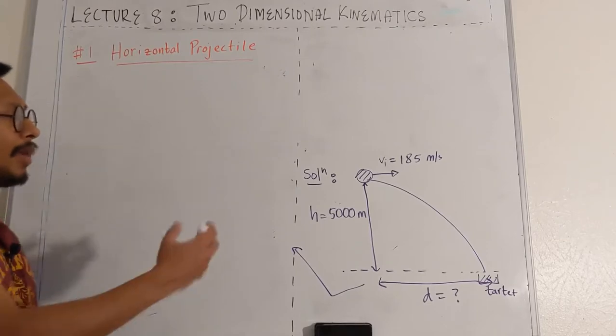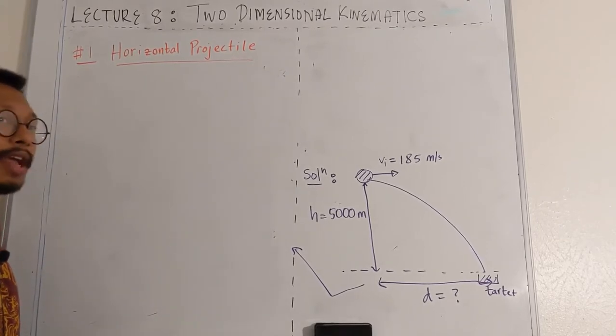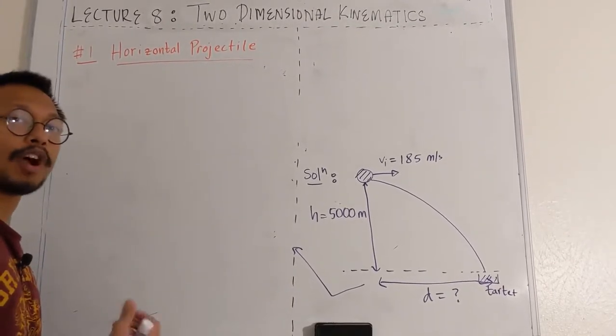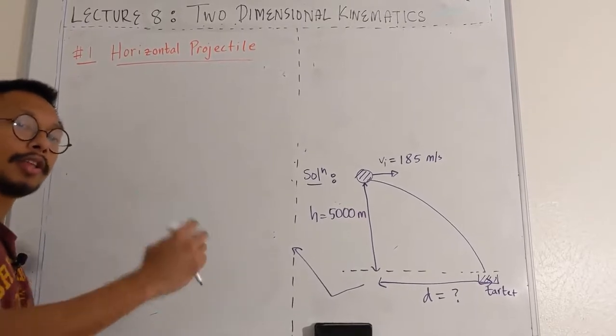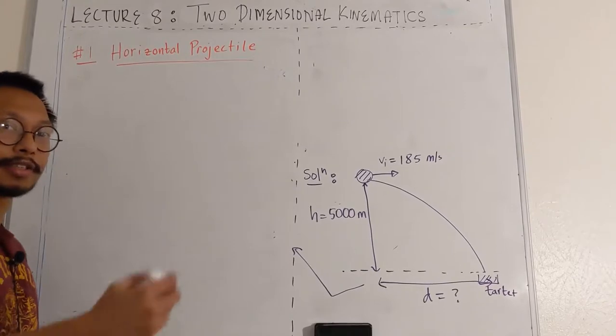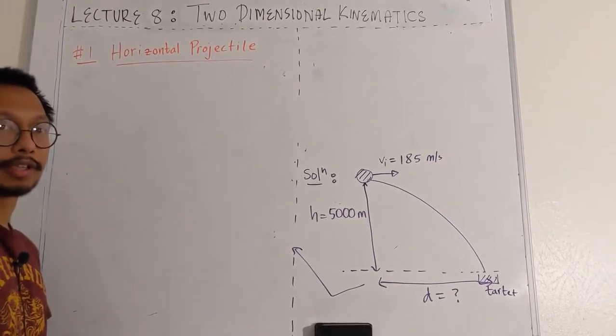So basically, x directional variables are completely independent from y directional variables. Nothing in the y direction can change anything in the x direction. An acceleration in the y direction does not cause you to have an acceleration in the x direction.